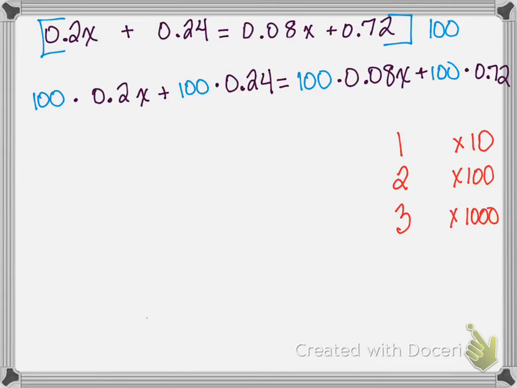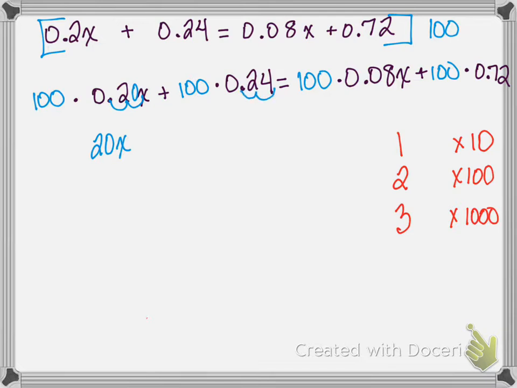Okay? Now, when I multiply by 100, how many times do I move the decimal place? 2. Okay? So what am I going to put right there? I've moved it twice, but there's no number. So what do I put there? 0. So 0.2x multiplied by 100 becomes 20x. That's typically the one that students would make a mistake on right there, is that 0.2x.